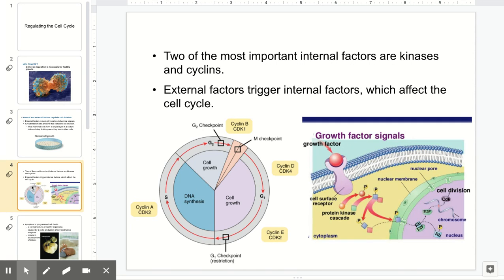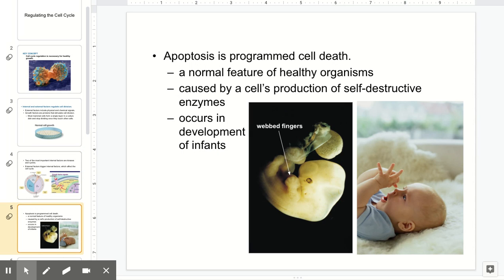So now with that, apoptosis, which is one of my favorite science words, apoptosis, is programmed cell death. So cells get old, they aren't doing their jobs correctly anymore, and they need to be removed for an organism to be healthy.